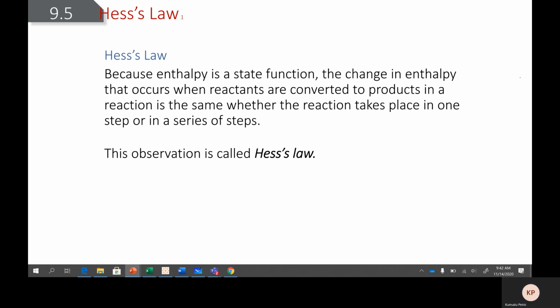Okay, let me explain it using some illustrations. Let's see, this is A and this is B, and it produces this AB. This requires some enthalpy, which I'll call delta H1.